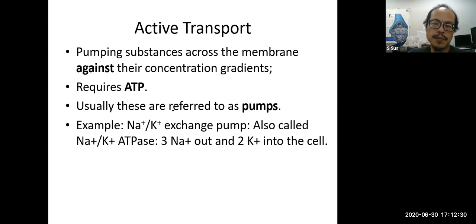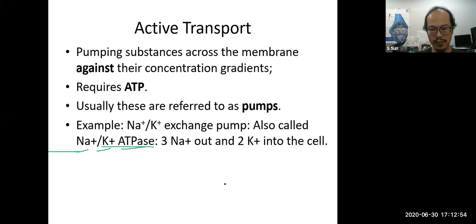A typical pump is the sodium potassium exchanger, or sodium potassium ATPase, right here. A typical one is this one here. Sodium potassium ATPase.